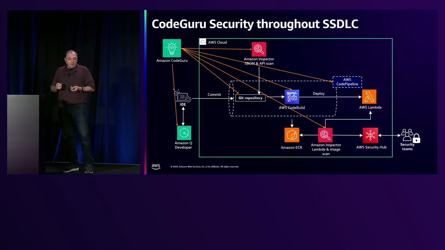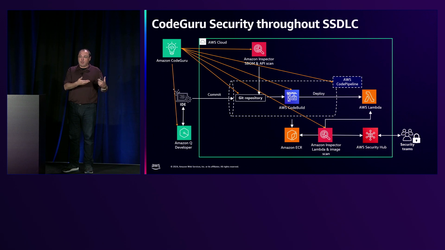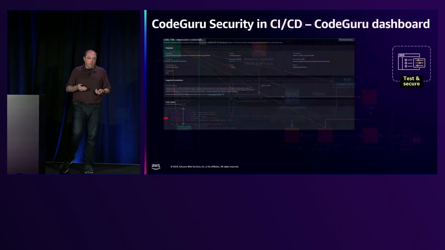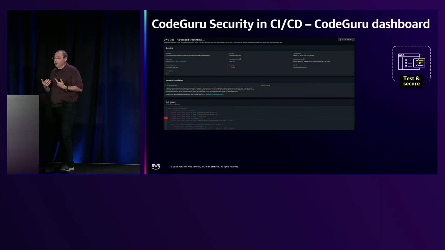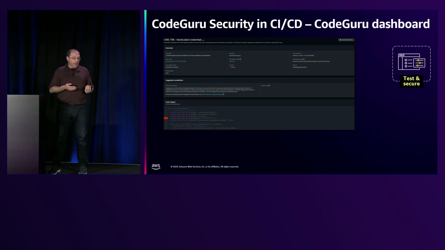CodeGuru Security, you can invoke it on specific code that's in a repository or in S3, and when you do that, you can see any of your findings on the CodeGuru dashboard that is within the AWS console.